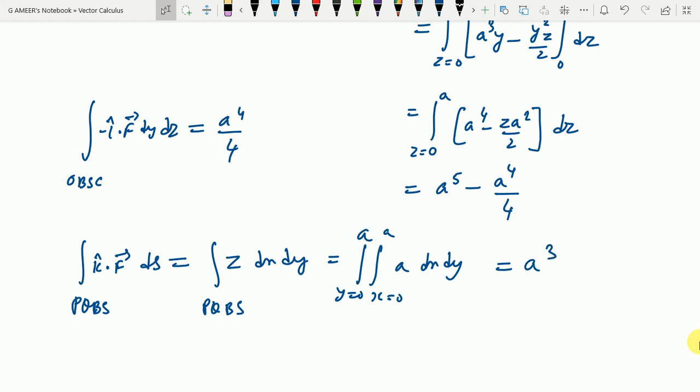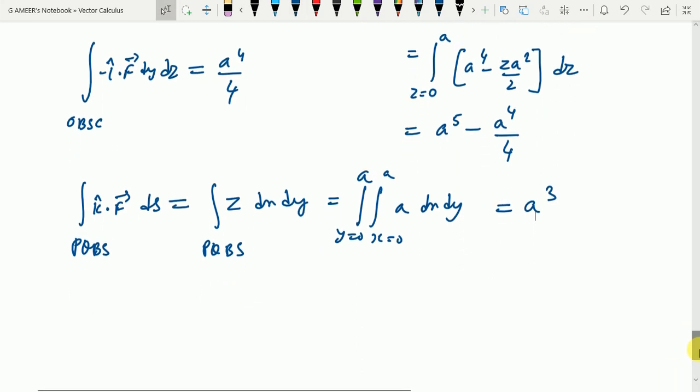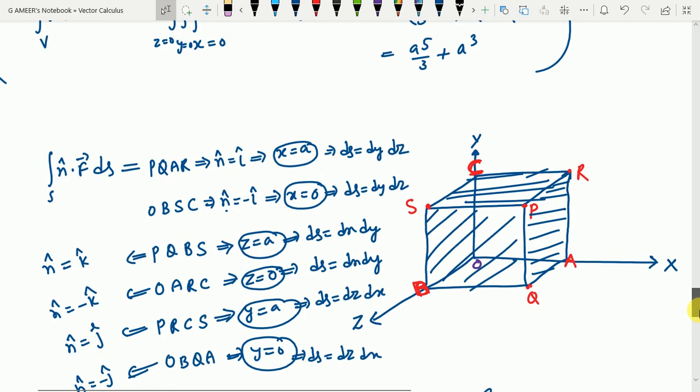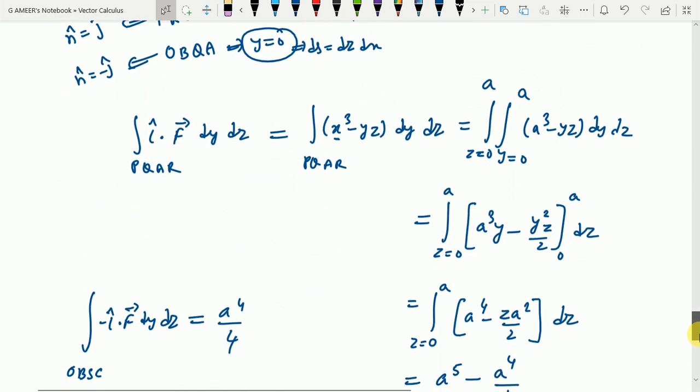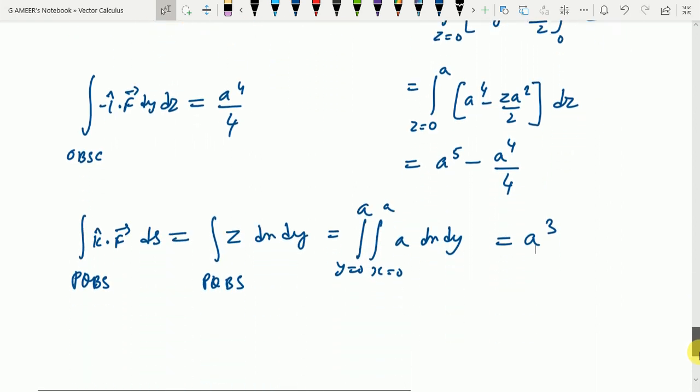Okay. So now the counterpart you take, then the counterpart I'll take. So for PQBS, what will the counterpart be? The counterpart will be OARC, where z is equal to 0.